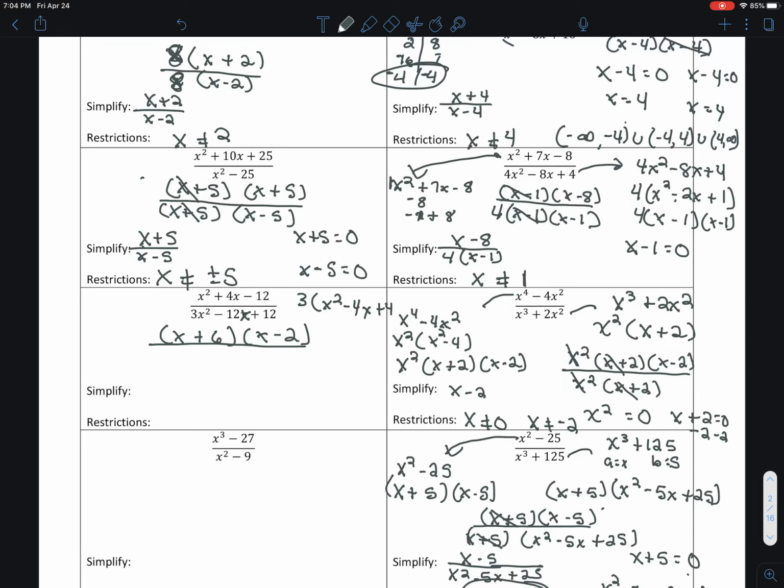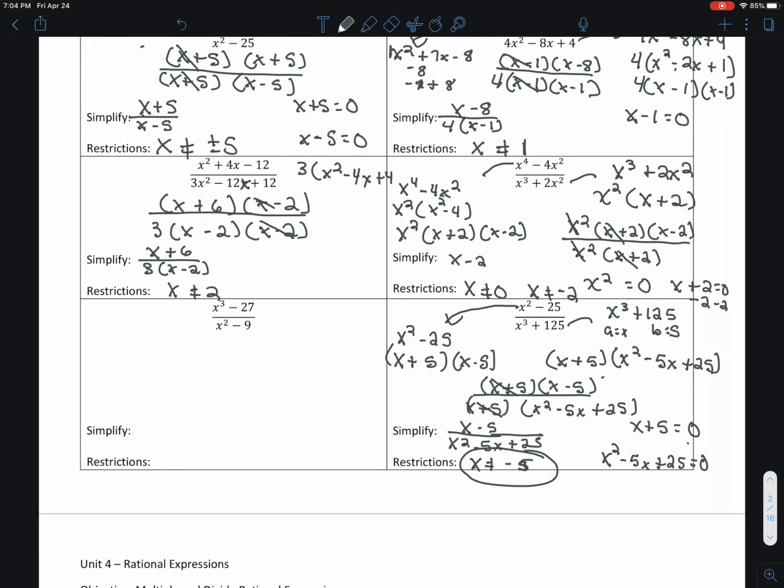And I don't think that factors. Yeah, it does, negative 2 and negative 2. So that becomes x minus 2, x minus 2. Only one of these cancel, though. The other one does not cancel. So that simplifies to x plus 6 over 3 times x minus 2. And x cannot equal 2.